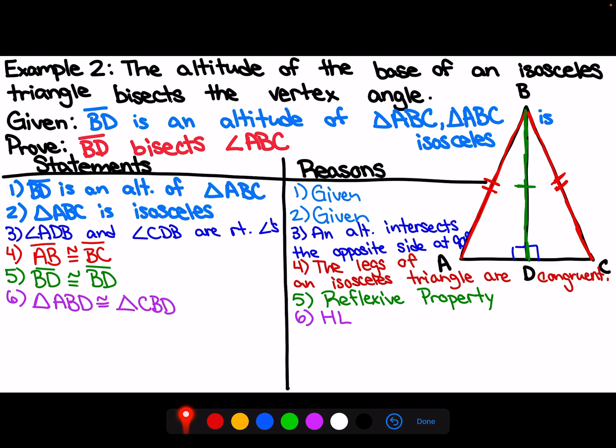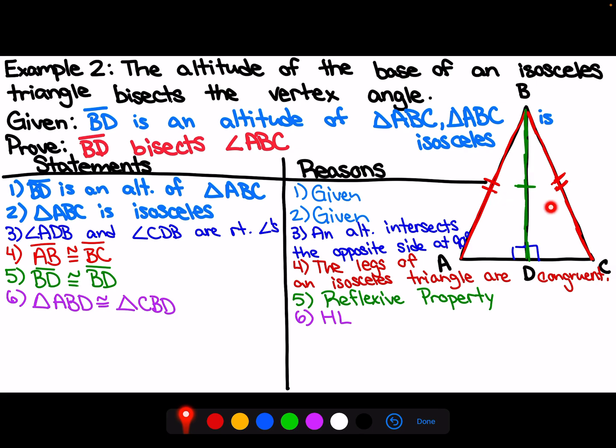All right, now if the two triangles are congruent, let's focus in on what we're trying to prove: BD bisects angle ABC. If we want to prove that, then we need to prove that these two angles up top, angle ABD and angle CBD, are congruent. Those two angles are in fact corresponding angles.